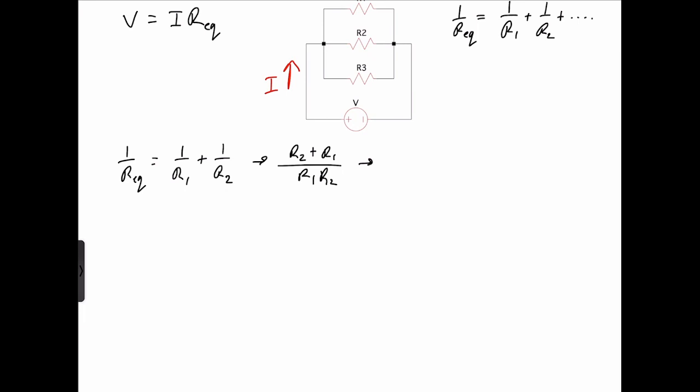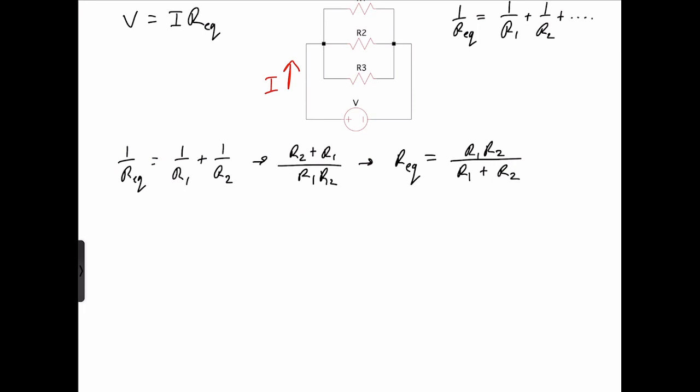Now if we flip both sides, R equivalent is equal to R1 times R2 over R2 plus R1. And as you know, it doesn't matter how we add those, so I could just say R1 plus R2.